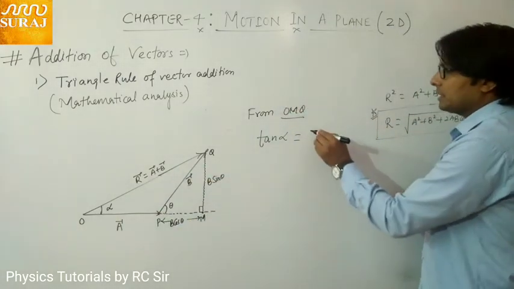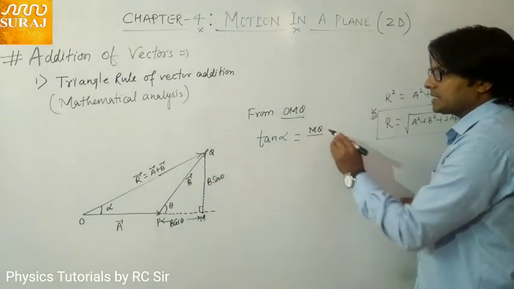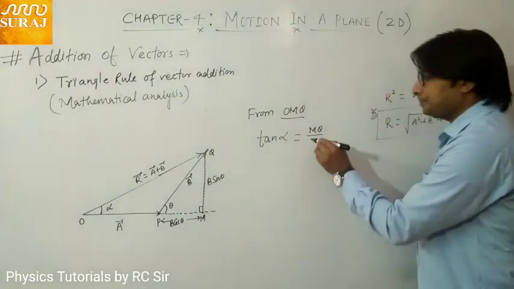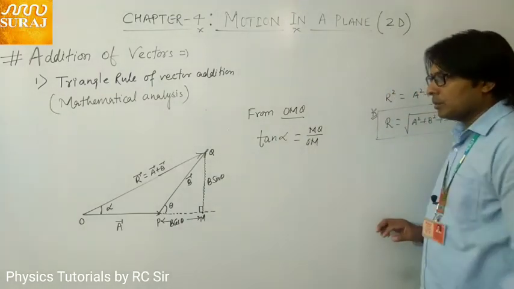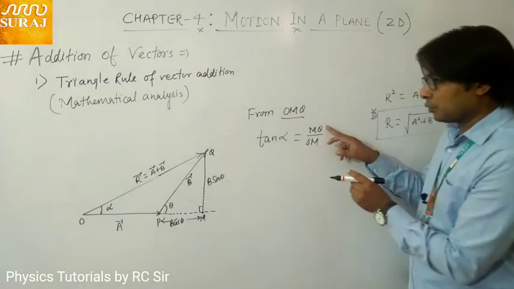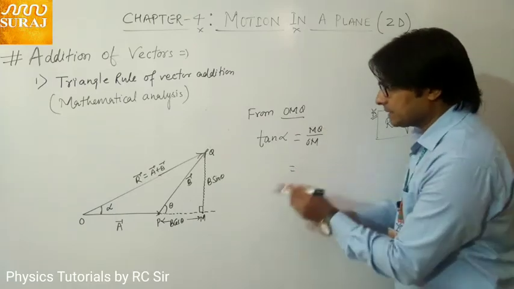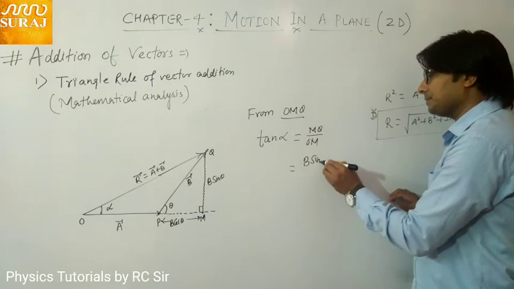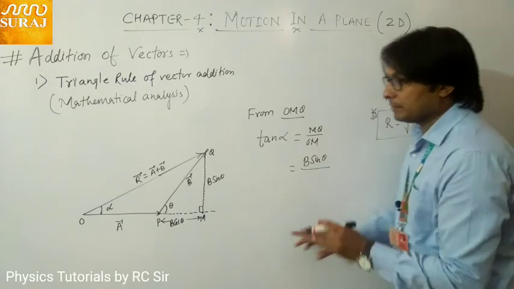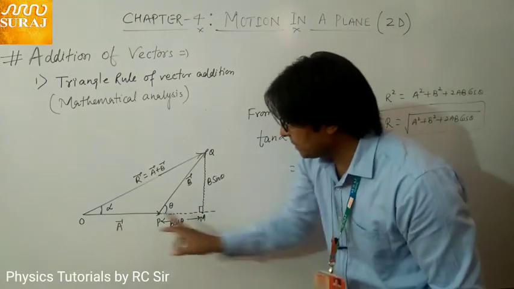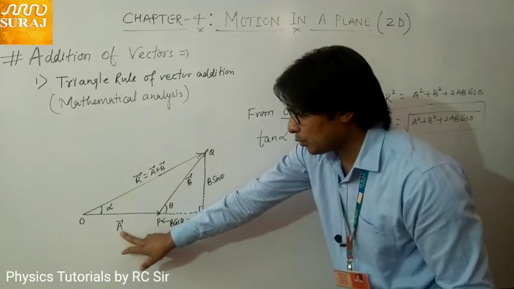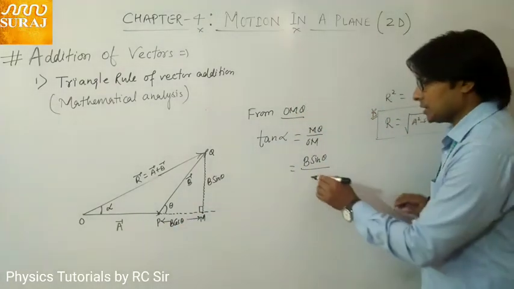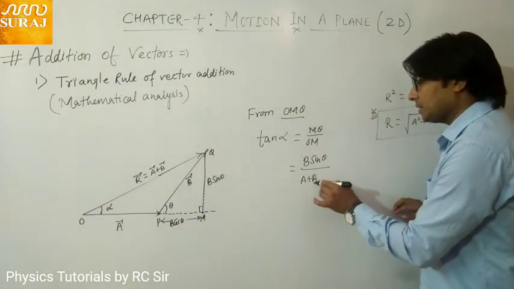So perpendicular is MQ and base is OM. Now we can put the value of MQ, which is B sine theta, divided by OM. What is OM? OM is the total distance, which is mod of A vector plus B cos theta. So A plus B cos theta.